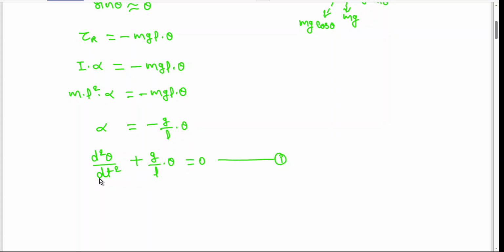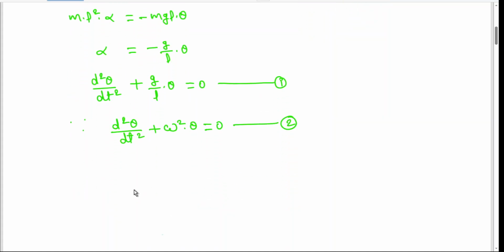So this is in the form of the differential equation of S.H.M. So we can compare this equation with the differential equation of angular S.H.M, which is d2 theta over dt square plus omega square into theta equal to 0. So we can compare this equation first with equation second.